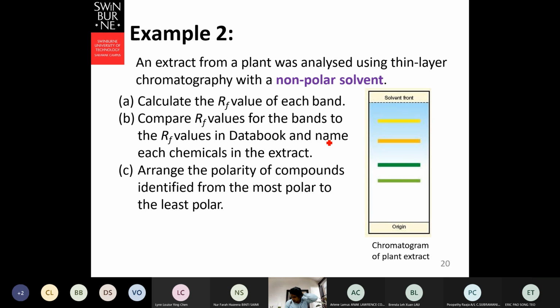So this is another technique, another example, actually, of thin layer chromatography with a non-polar solvent. It's a non-polar solvent. All right, so an extract from a plant.